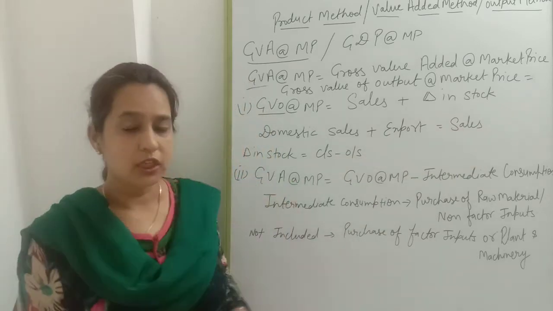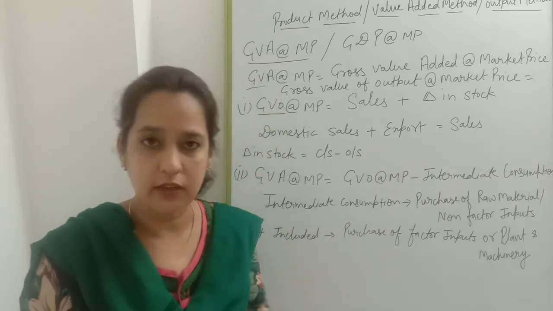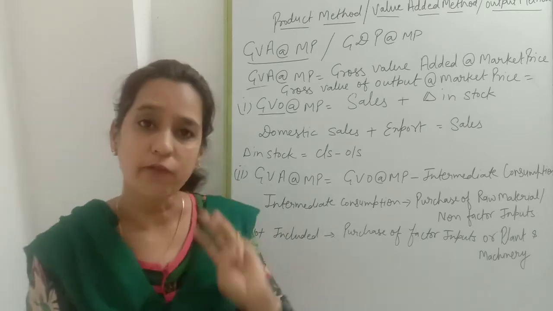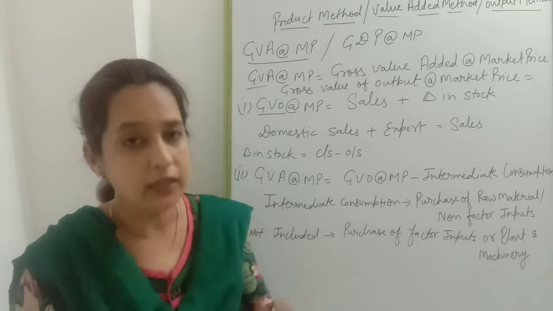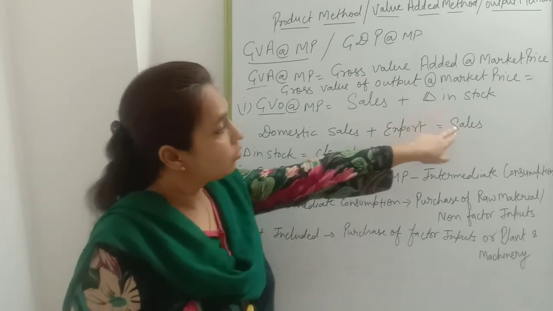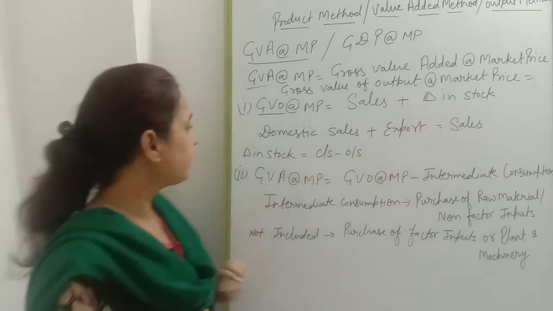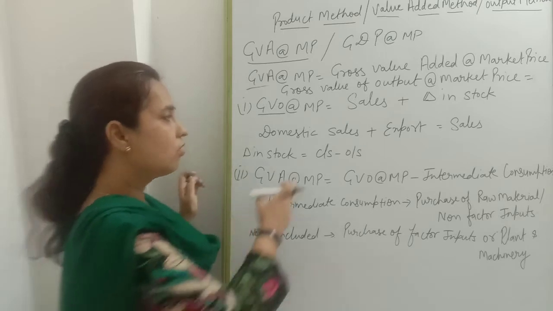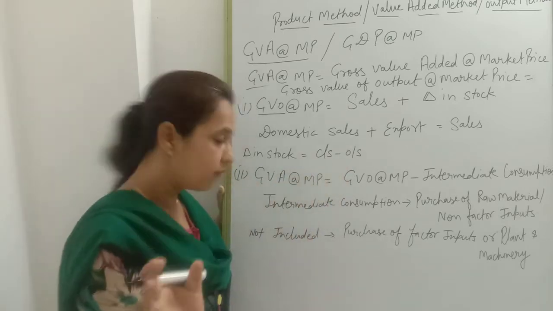If primary sector sale, secondary sector sale and tertiary sector sale are all given, you have to add all three. Then you are going to find out sales. Clear? Now how to find out change in stock? Change in stock is closing stock minus opening stock. That is the same formula.